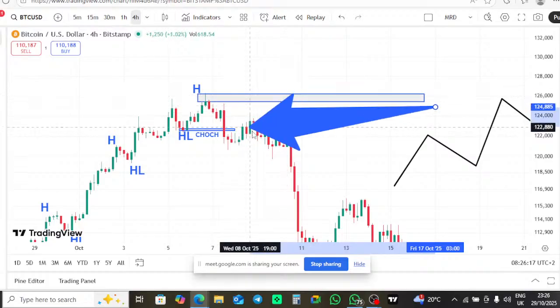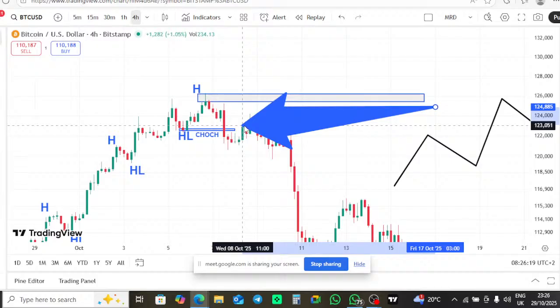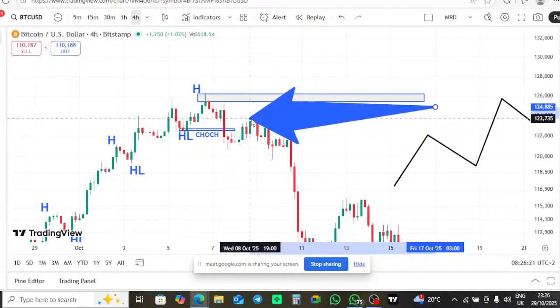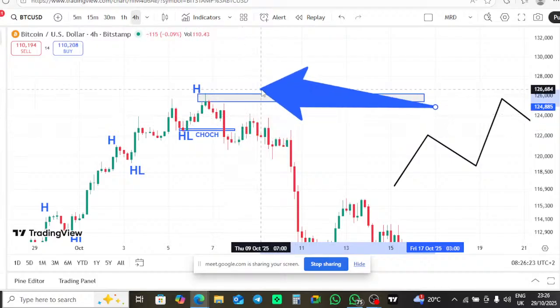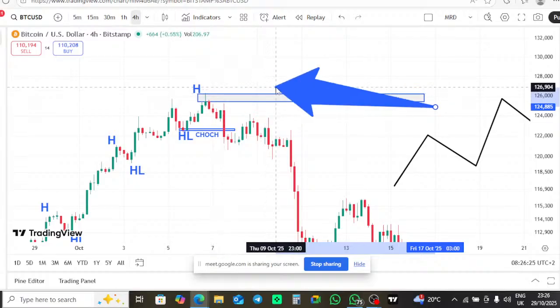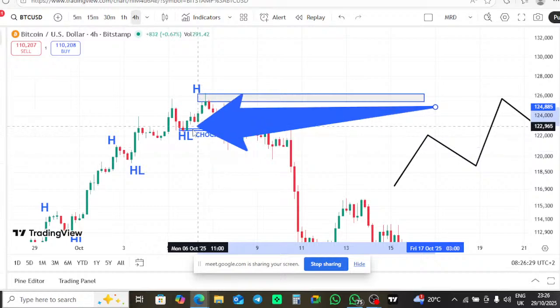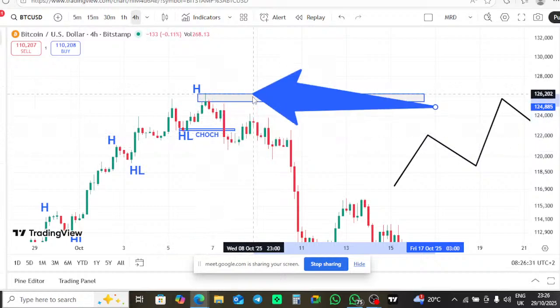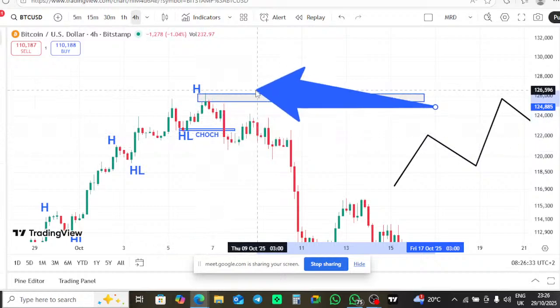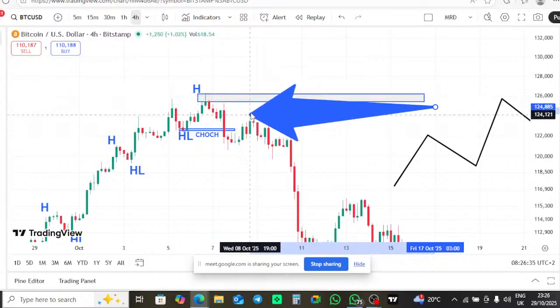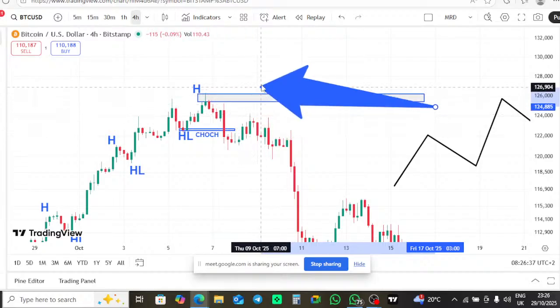Therefore, if you short the market around here, that means your stop loss must be above this level, because we don't expect the market, after forming the change of character, to come back and break this level. Are we getting the point? Now, you must know where your stop should be.